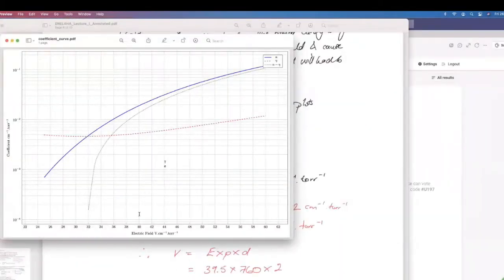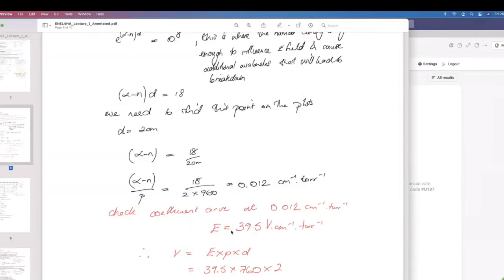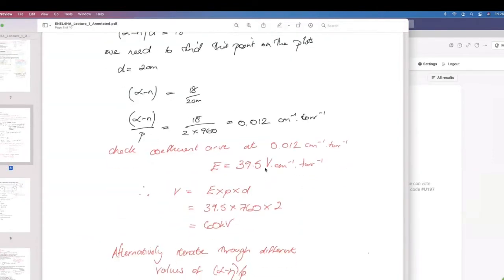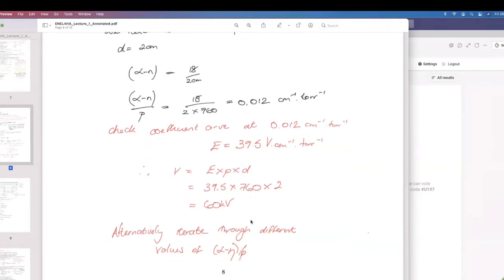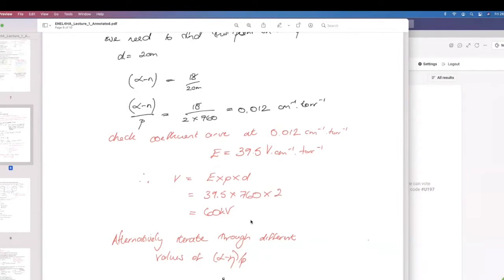Right, if we go to our plot, we can find it on the alpha minus eta plot. Right, I think it's somewhere around there. You can just confirm that yourselves. So I have found that at a field of 39.5 volts per centimeter per torr, that's where streamer breakdown occurs.